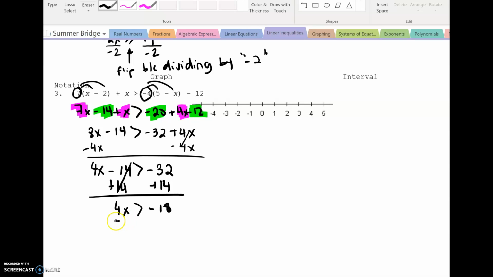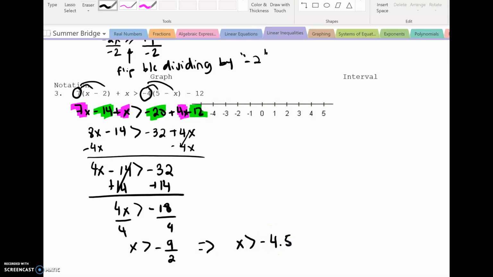Okay, and then I'm going to divide both sides by 4. Now I'm dividing by a positive, so I do not need to flip the sign at all. And I'm going to simplify this. So it becomes x is greater than -9/2, which, by the way, you could also say is x greater than -4.5.